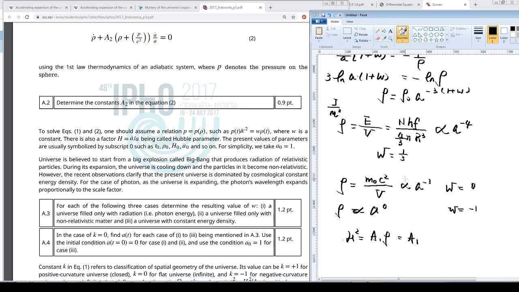Rho is some rho naught a to the negative 3 1 plus w.